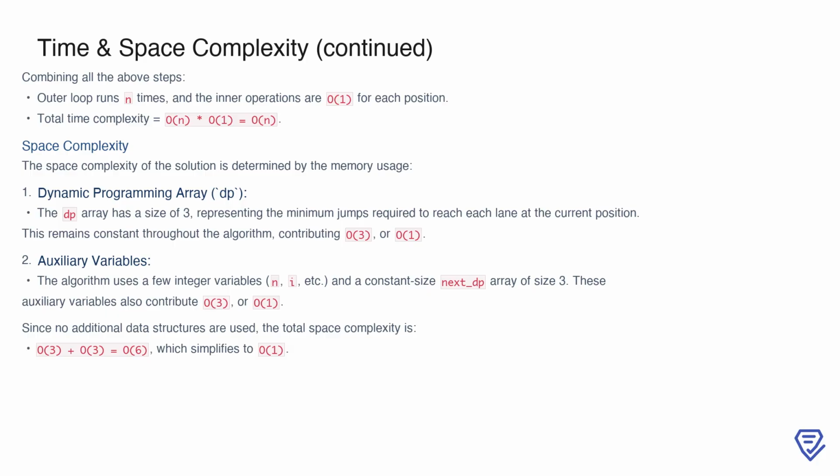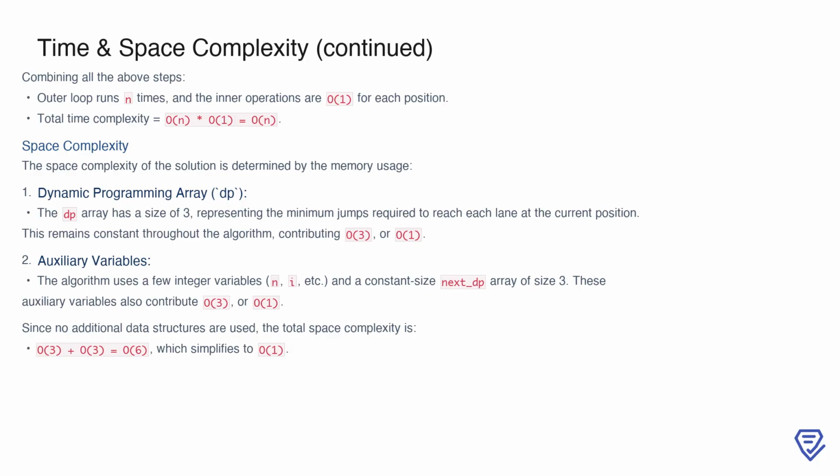Next, we analyze the space complexity. The memory usage is primarily determined by the dynamic programming array DP, which has a size of 3. This array represents the minimum jumps required to reach each lane at the current position and remains constant throughout the algorithm, contributing O(3) or O(1).